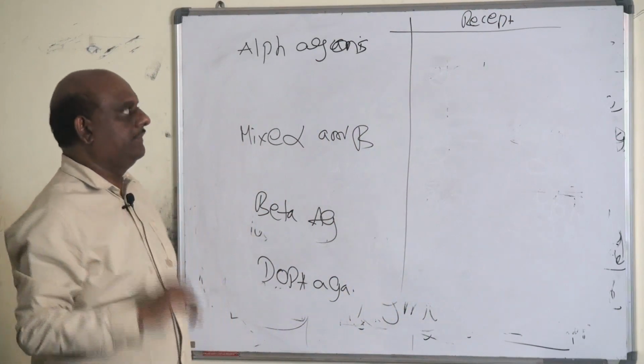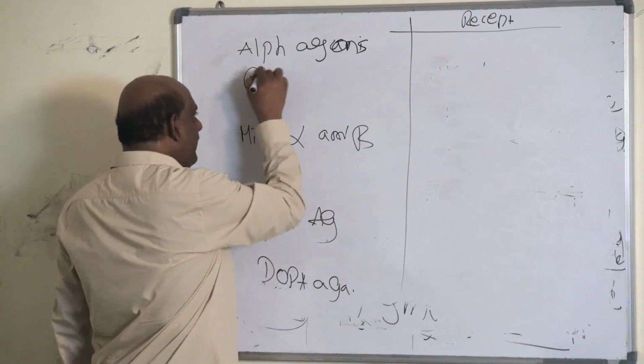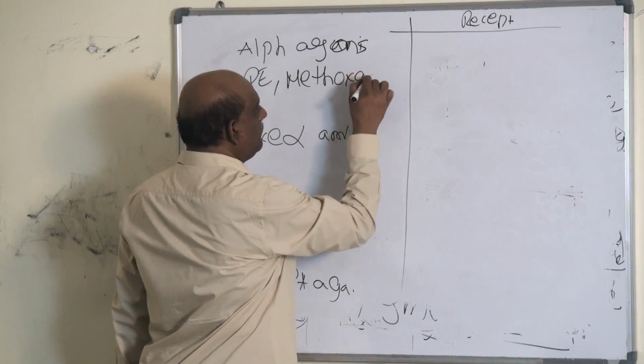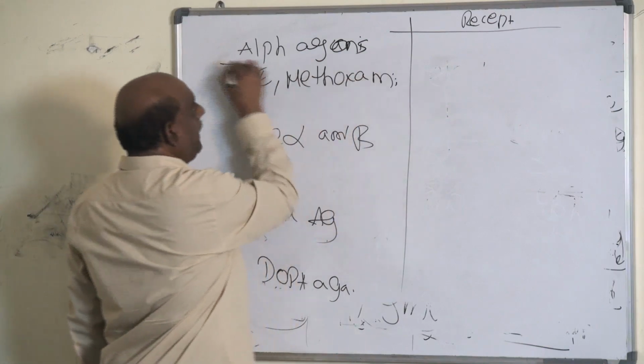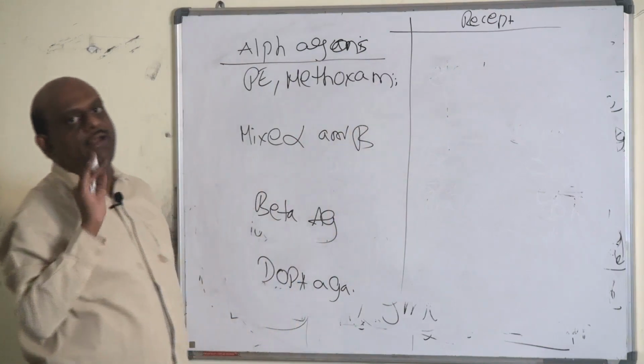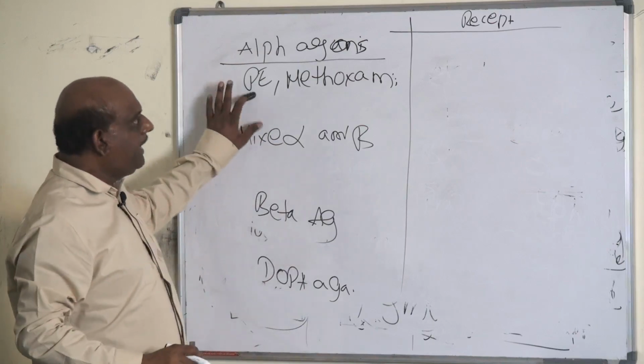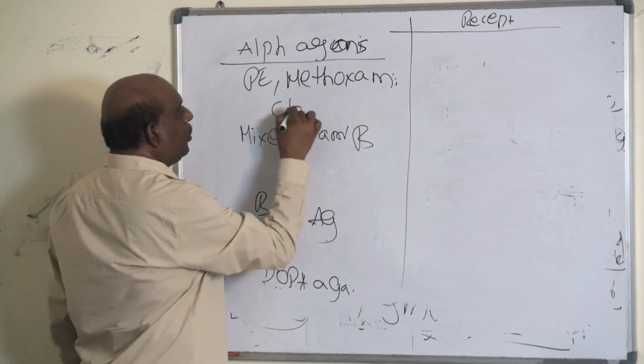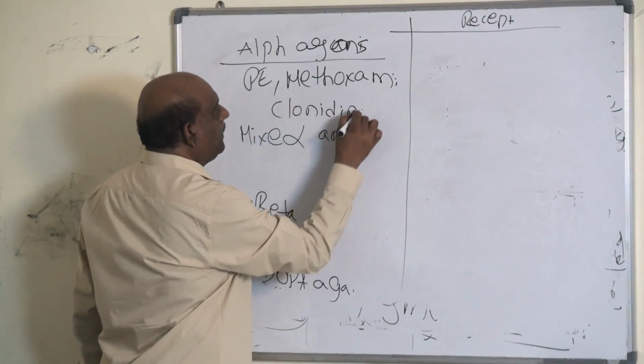Now, first thing, phenylephrine, methoxamine. I am talking about the alpha agonists. Phenylephrine, methoxamine, similarly clonidine. What are they?